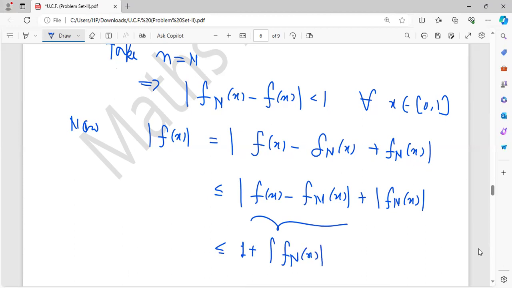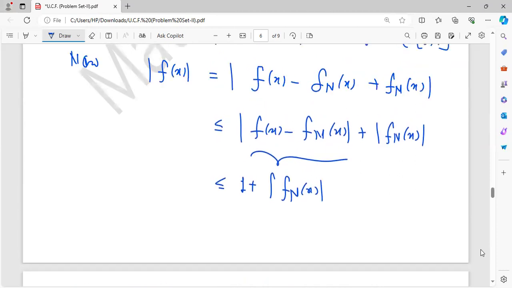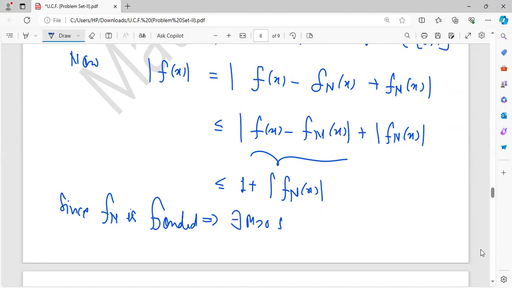Now each fn is bounded. Since fn is bounded, this implies there exists m greater than 0 such that fn x is less than m for all x belonging to the closed interval.